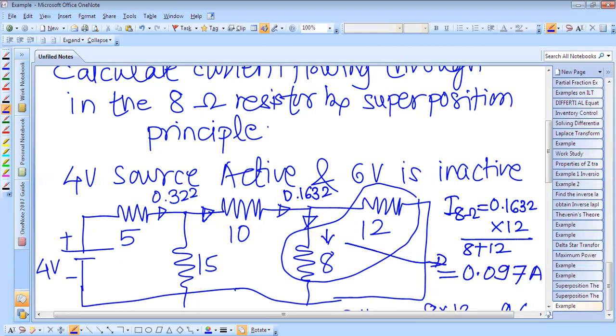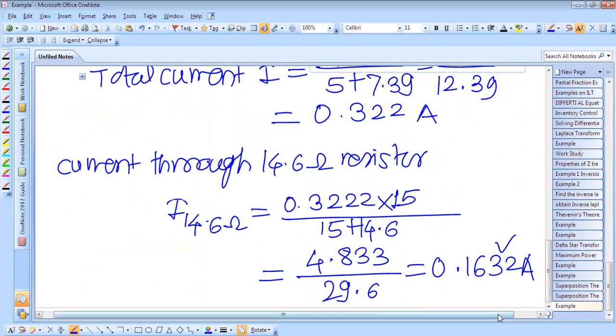Now again by the current division method we can find this current. So the current flowing through the 8 ohm resistor is nothing but the total current into the opposite resistance divided by the full resistance. So we have got 0.097 amperes.